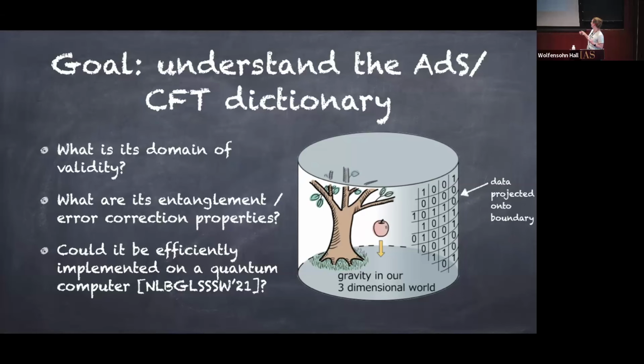So we have a toy cartoon picture of what's going on there in the slide. The ADS-CFT dictionary, which is what we're going to be trying to understand in this talk, is just a map that takes us from states, observables and operators in the gravitational theory, so the ADS side of the correspondence, to their dual objects in the non-gravitational side, the conformal field theory side.